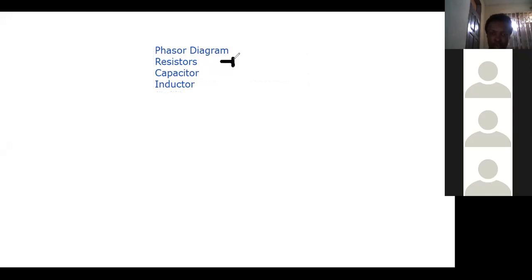Now, this is the symbol for a resistor, and it is measured in ohms.